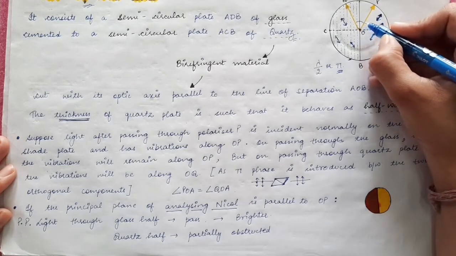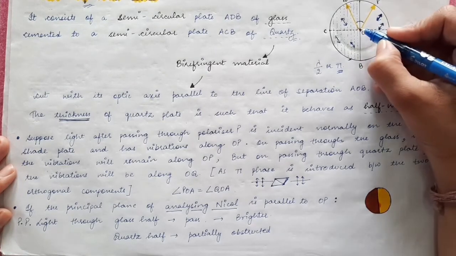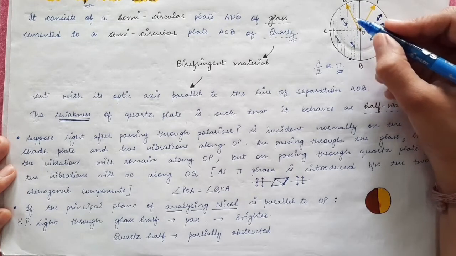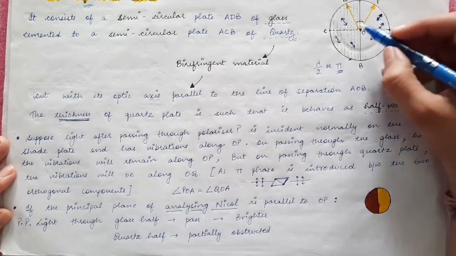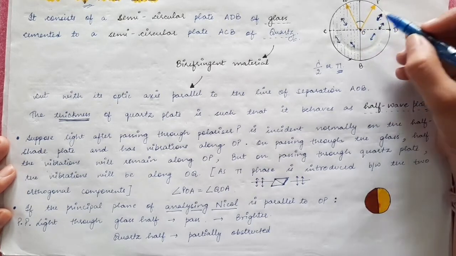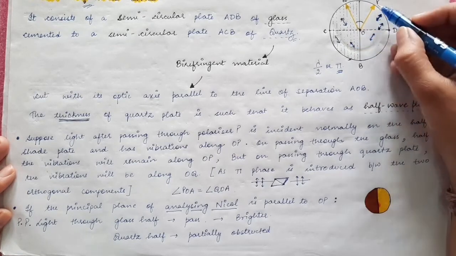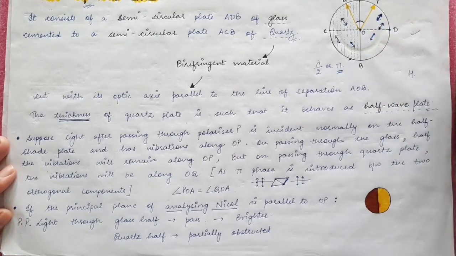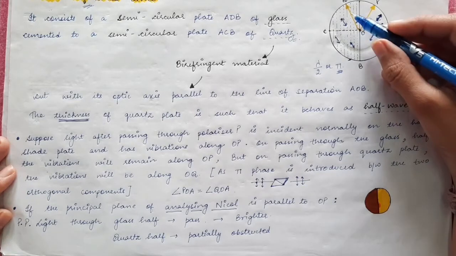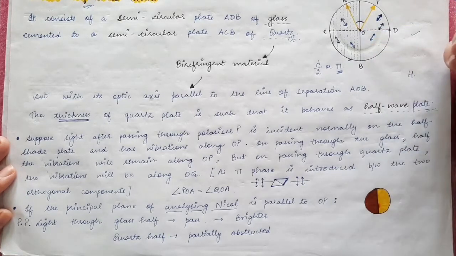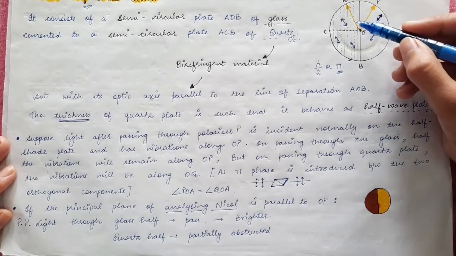So this will be the angle made by the vibrations of electric field coming out of the quartz crystal with the principal section of the analyzer, because the principal section of the analyzer is in this direction. So the intensity of the light will be reduced.